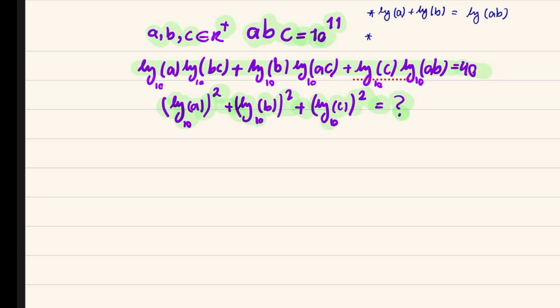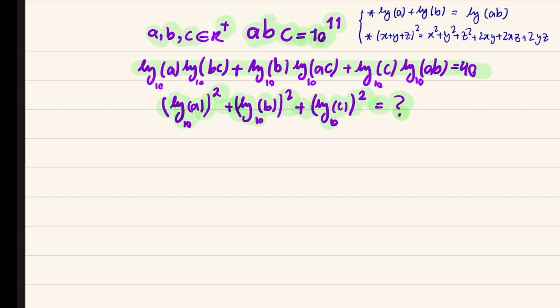And another thing that we will use is that (x plus y plus z) squared is equal to x squared plus y squared plus z squared plus 2xy plus 2xz plus 2yz. These are two key expressions that will help us to solve this problem.